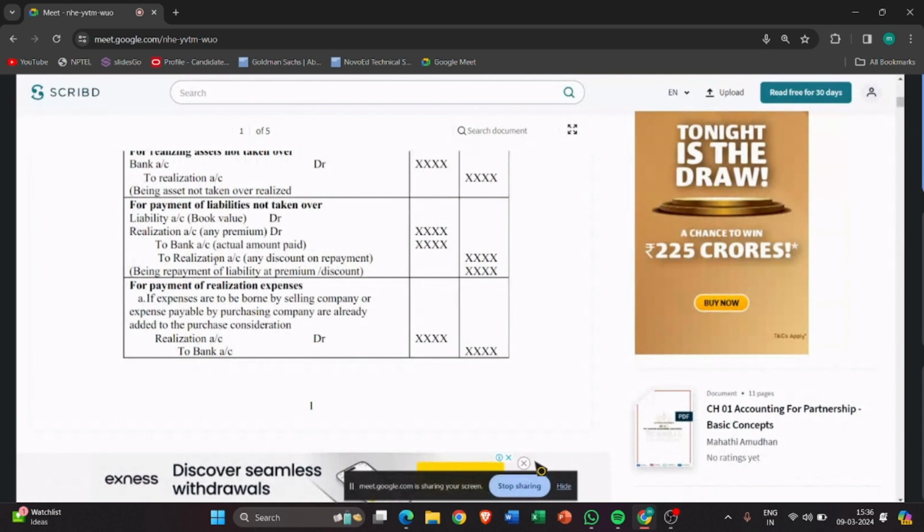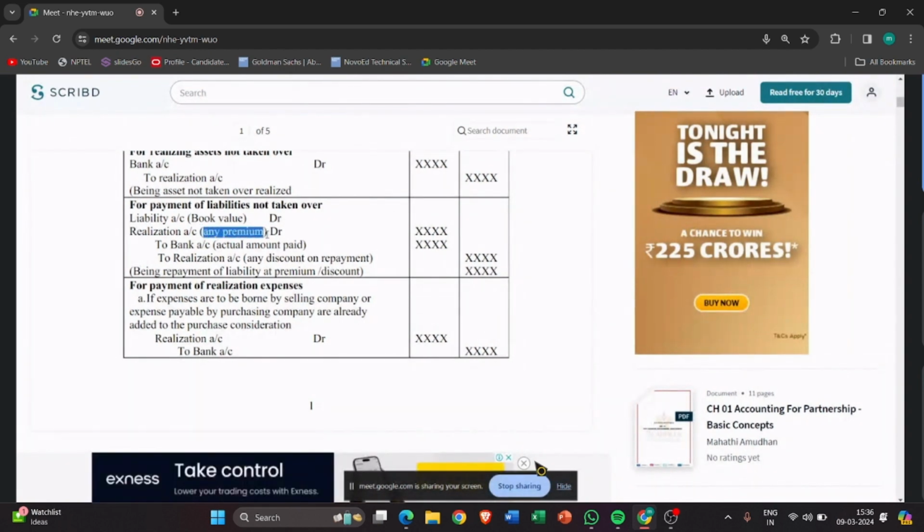Reverse case: the liability is for 10,000, but you're paying 12,000 to them. That is when your debentures are being redeemed at a premium, then you will write 2,000 extra on the debit side. Whatever is the difference between the liability book value and the paid off value will be written to realization account. That is what you need to remember.